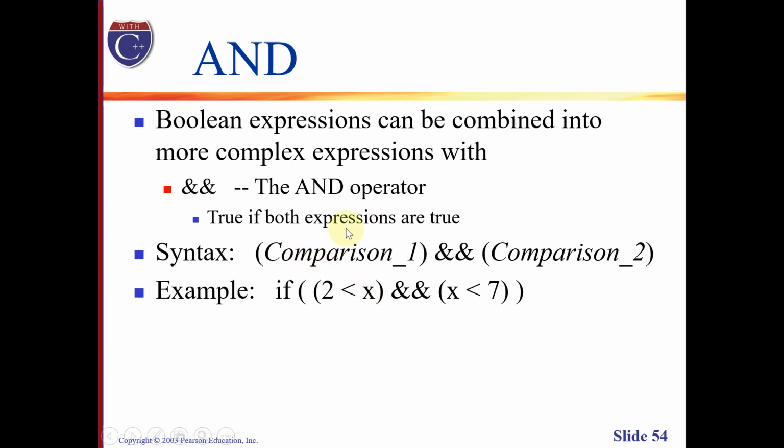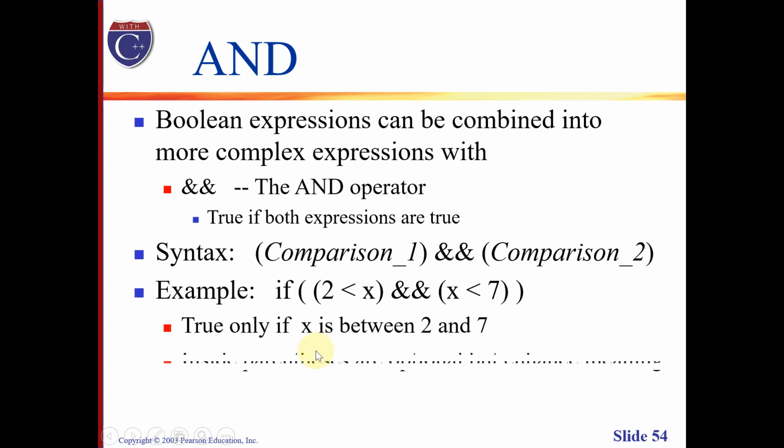We would like to combine two Boolean expressions, and of course, this would give us a true result if both of these expressions result to true. For instance, we have the following example. If 2 is less than x and x is less than 7. This would be true only if x is between 2 and 7.